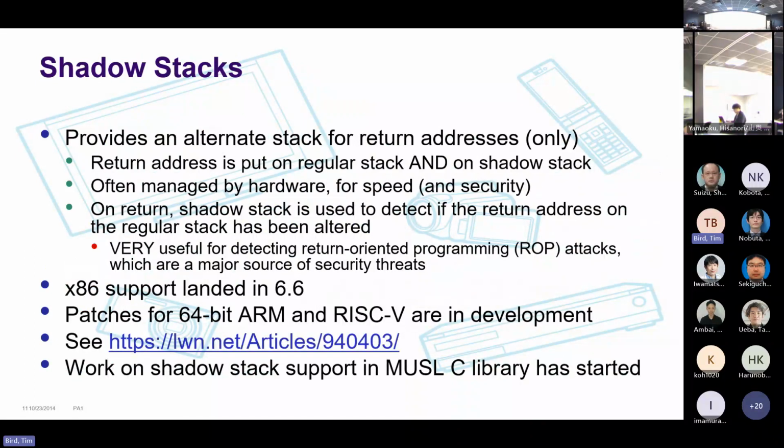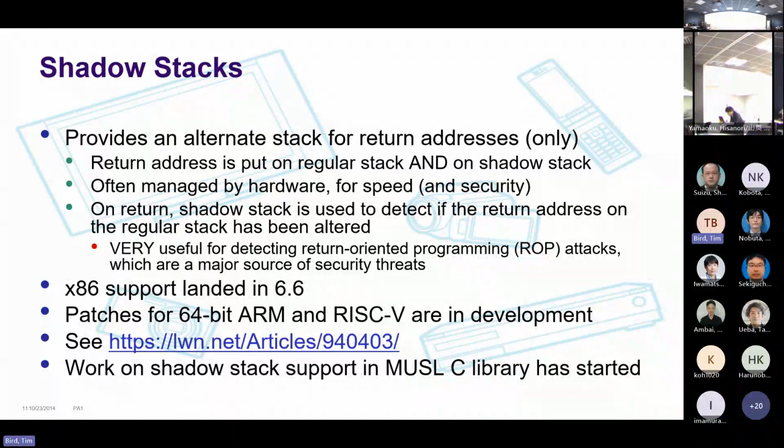So let me talk about shadow stacks. This is a fairly important new feature that's available currently only on x86. This landed in the 6.6 kernel. There are patches being developed for 64-bit ARM and RISC-V. But the way this works is there's now two stacks that have return addresses on them.